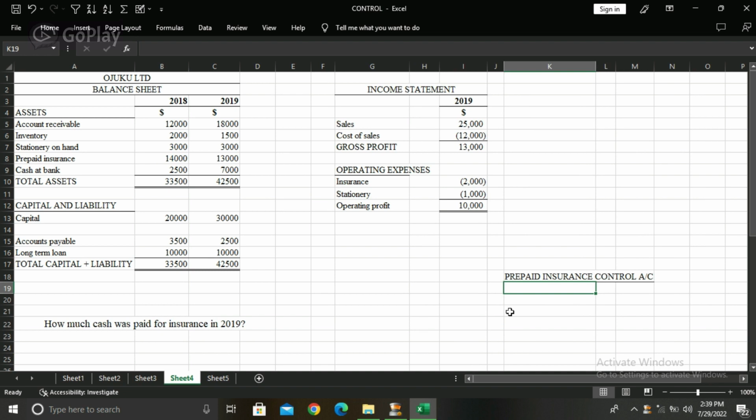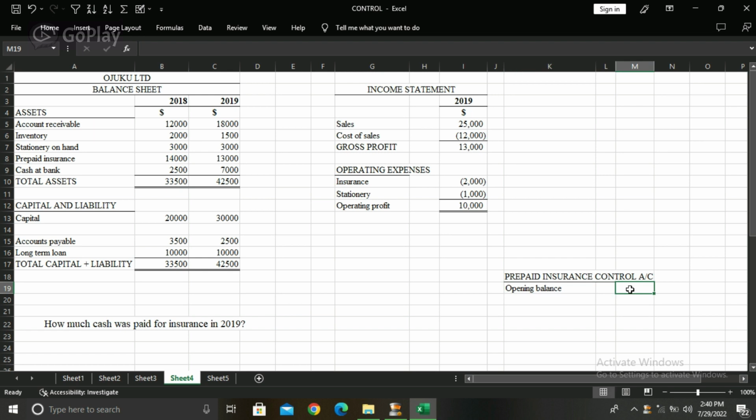So it means that we deposited some money for insurance. Prepaid insurance is insurance we have paid in advance. So we have deposited some money with the insurance company, so that any time we incur an insurance expense, they should take it from that amount. So we will start with the opening balance for prepaid insurance.